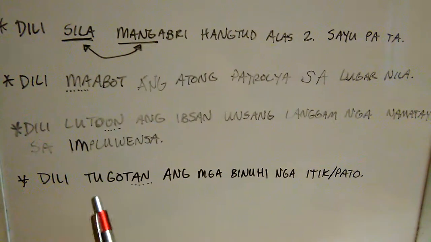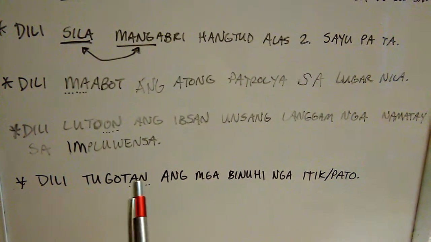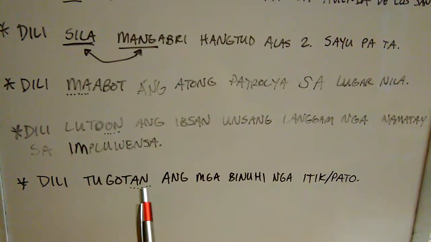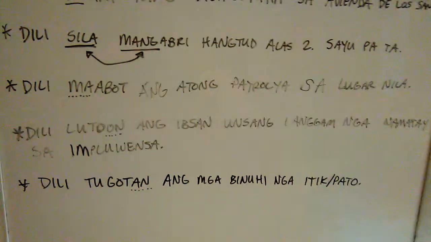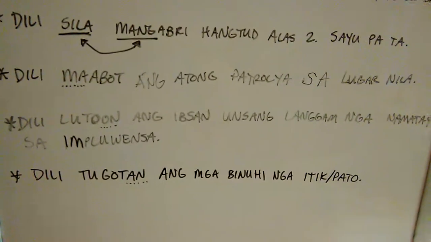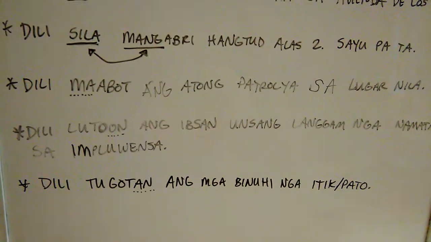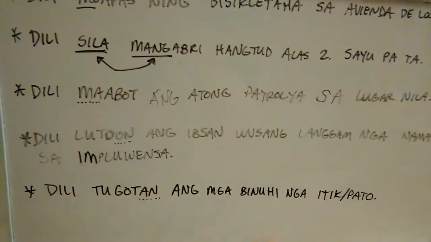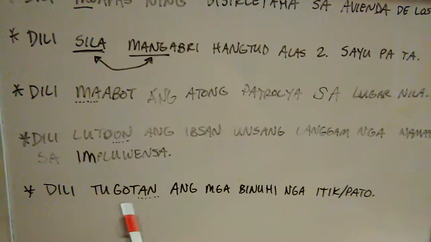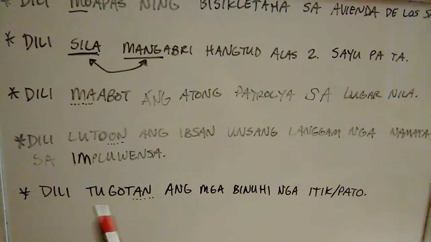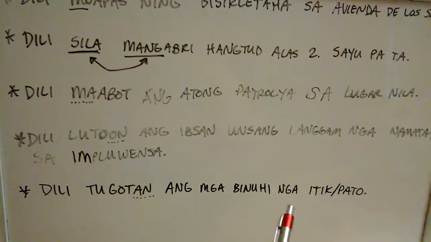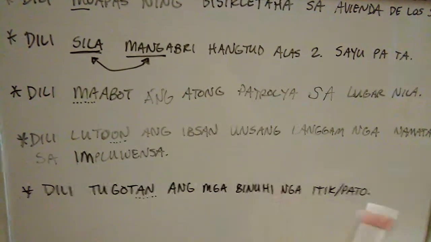And finally, it's the same one here with the an here. And it's again the object focus, right? Dili tugutan ang mga binuhi nga itik o pato. Okay? Dili tugutan, don't allow, to allow for something, to welcome for something, right? Don't allow. Dili tugutan ang mga binuhi nga pato o itik. Okay?